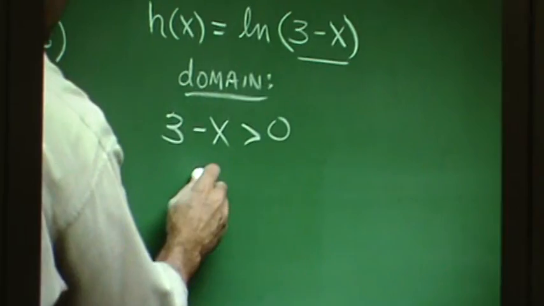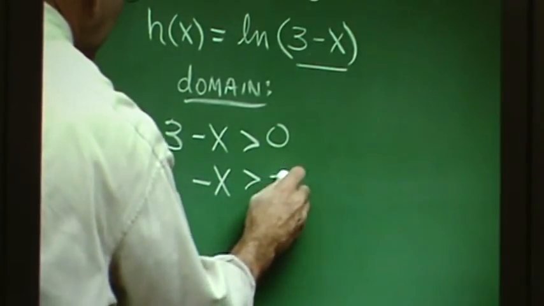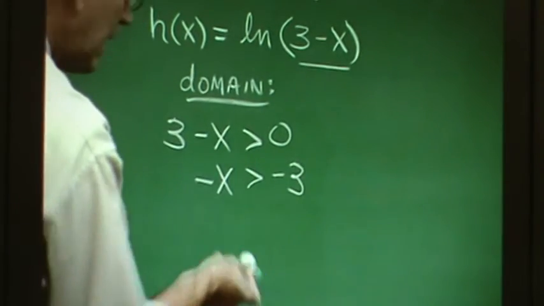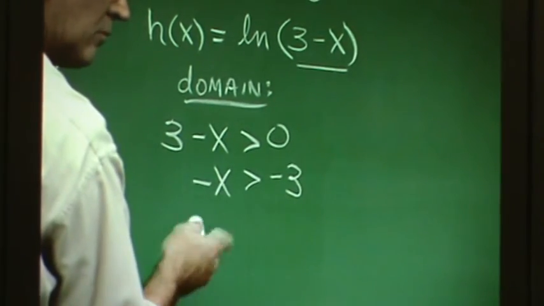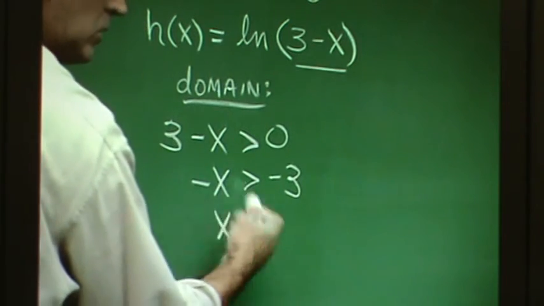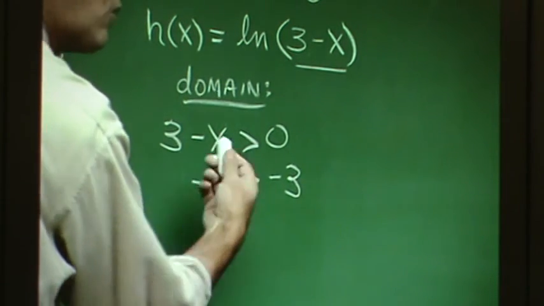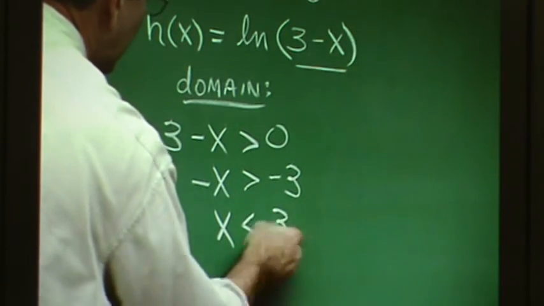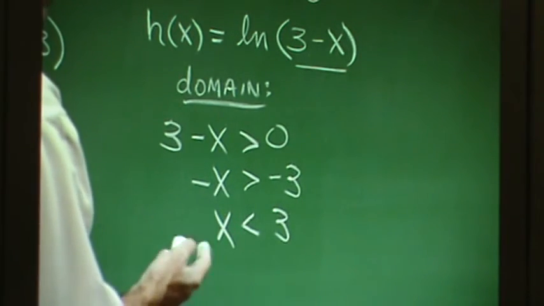If I subtract 3 on both sides, I get this. And then if I multiply on both sides by negative 1, I'll clear the negatives. But I also need to change the sense of the inequality, because I'm multiplying in an inequality by a negative number. So this is x is less than 3. X is less than 3.